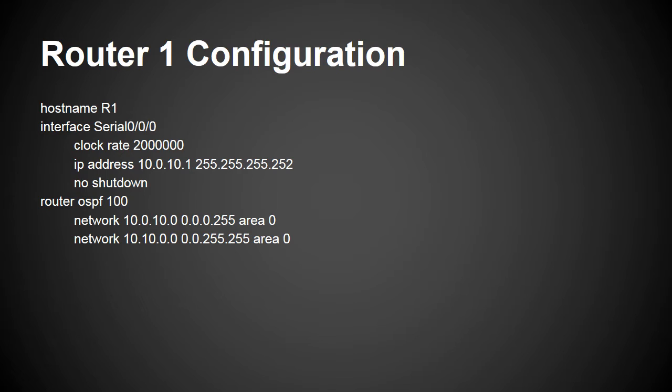The network ID was 10.0.10.0 with the wildcard mask of 0.0.0.255 in area 0. Network 10.10.0.0 with a wildcard mask of 0.0.255.255 also in area 0.